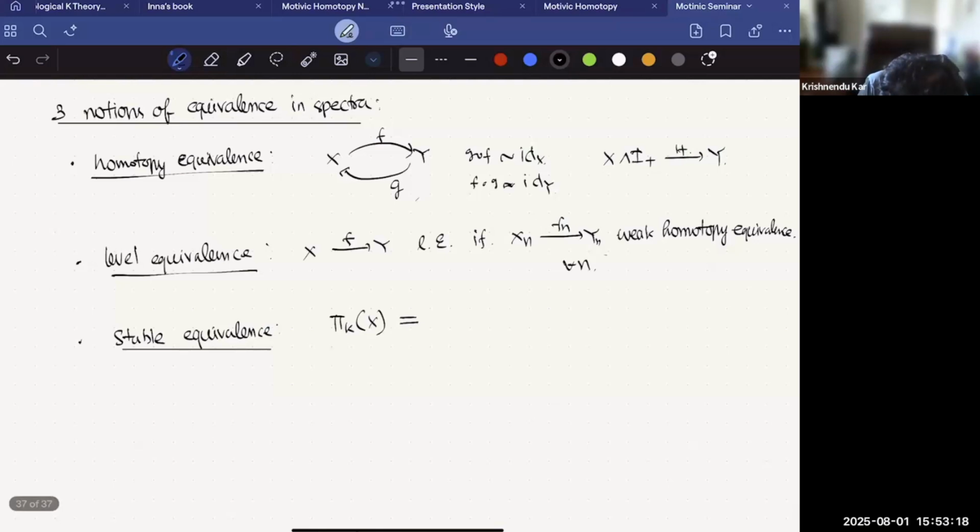So you start with your pi k of X0, then pi k plus 1 of X1, pi k plus 2 of X2, up to pi k plus n of Xn, and take this colimit.